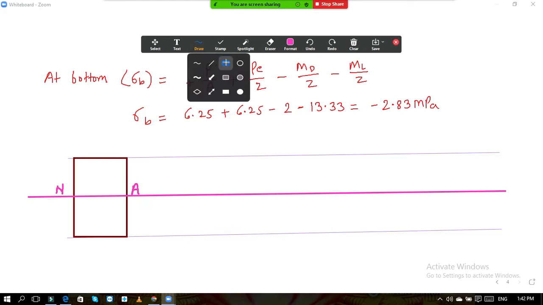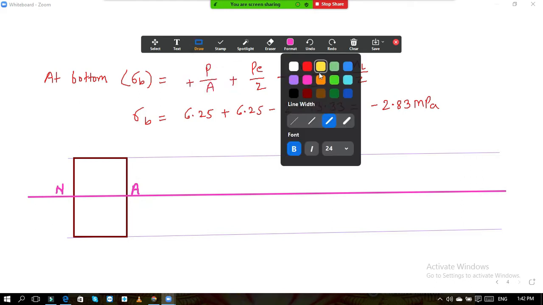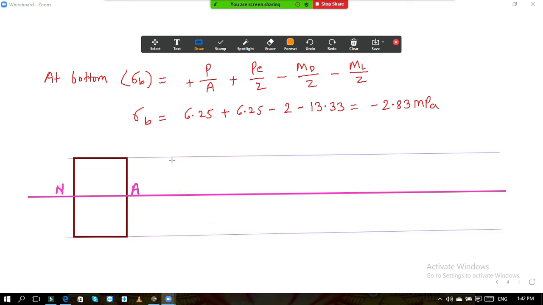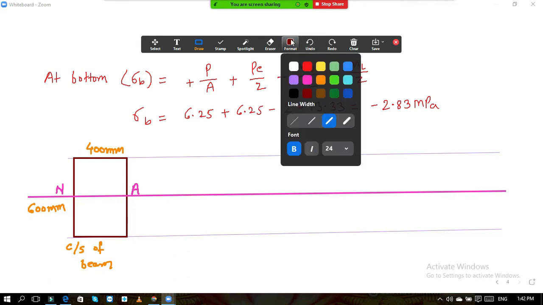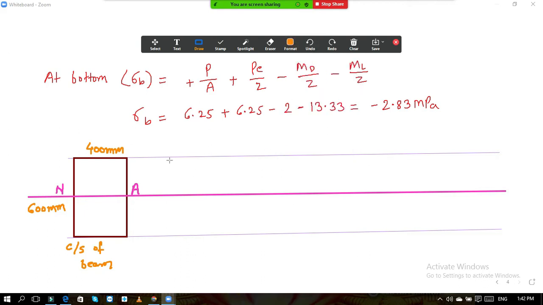Now first stress is direct stress. Okay, it is always constant, direct stress. So before going to the first, I will write the dimension. This is your 400 mm, and this total is 600 mm. This is nothing but cross section of beam. Now direct stress.